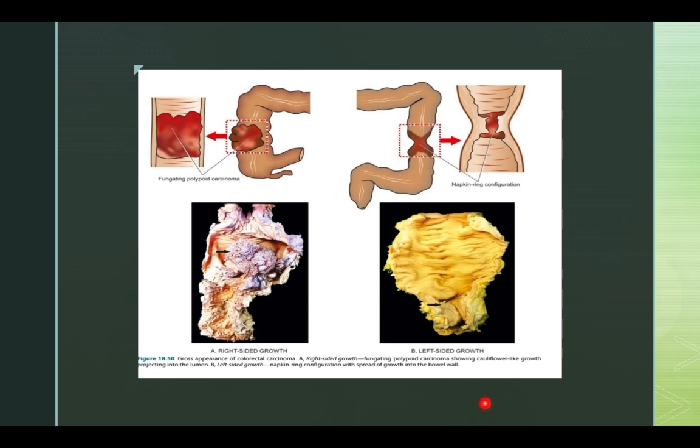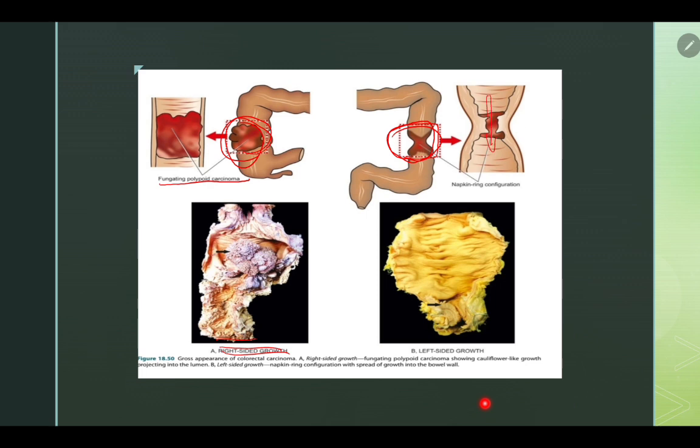Here we can see the fungating polypoid carcinoma in the right-sided tumors. This is the gross appearance of right-sided growth. Here we can see the annular lesions. This is known as napkin ring configuration.